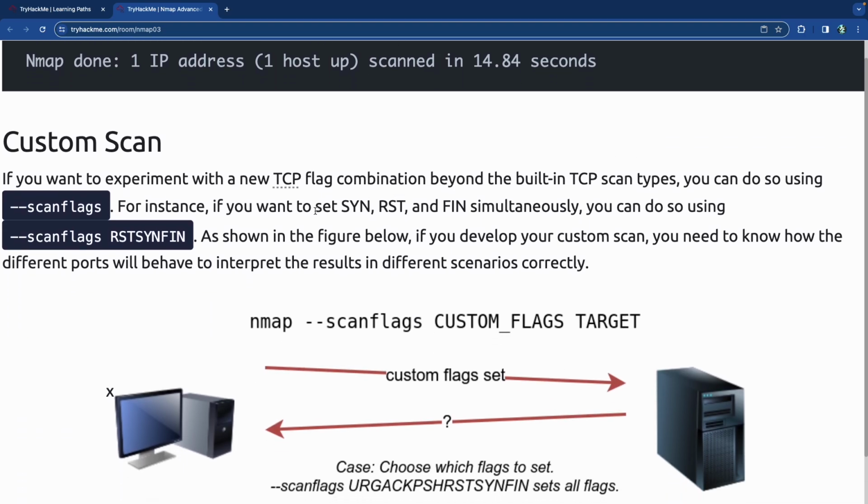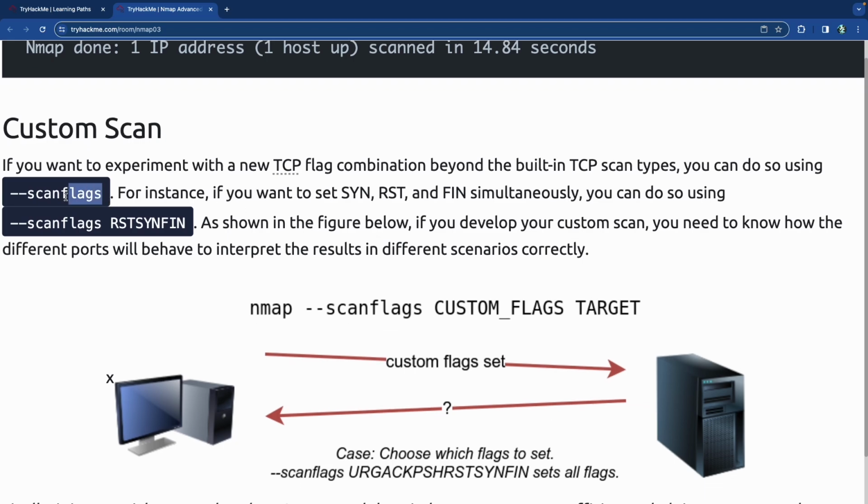And then you have custom scans. So you can basically set your own flags, right? You can just use the scanflags option and then set any of these, which is technically 3 flags, excuse me. So you have RST, SYN, and FIN, right? So SYN, RST, and FIN, if you wanted to set those specifically.